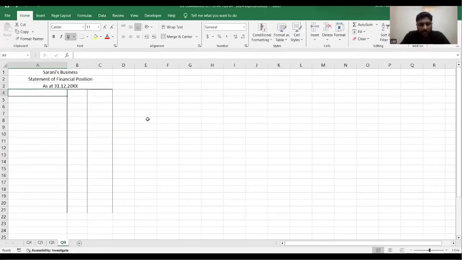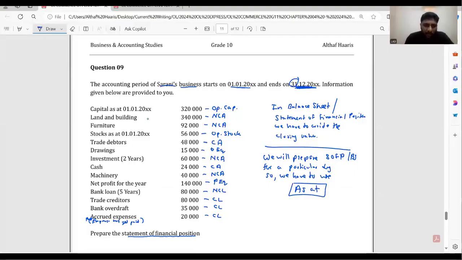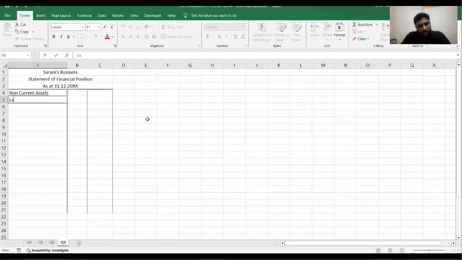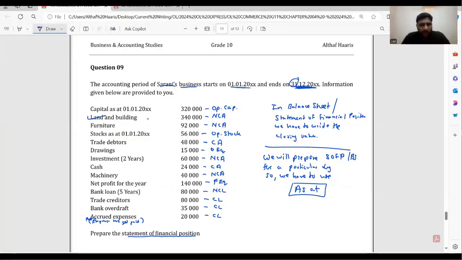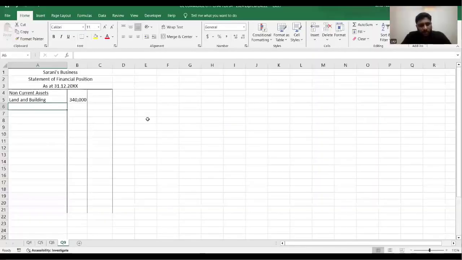You have to start the balance sheet with the non-current assets, long-term assets. First one, land and building, 340,000. Then we have furniture, 92,000.